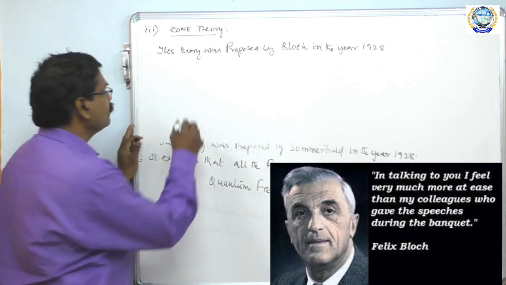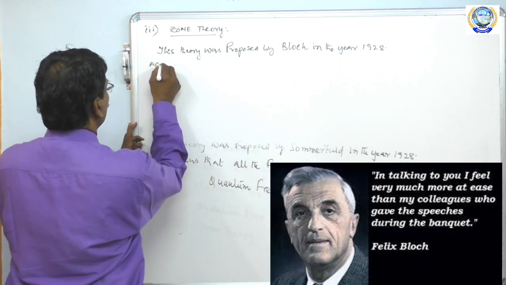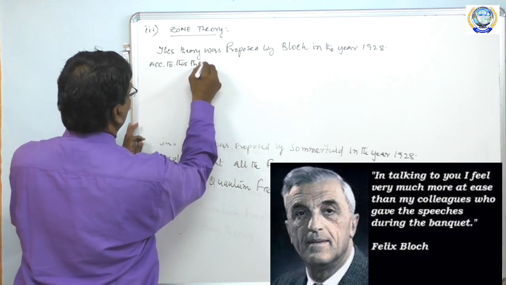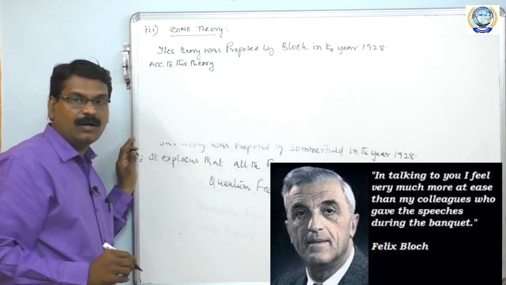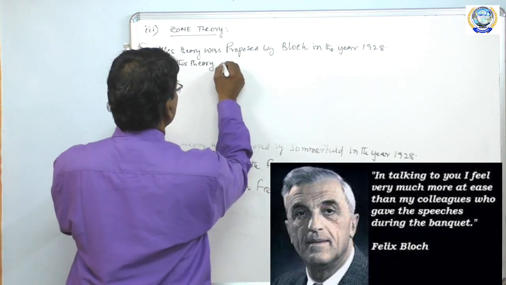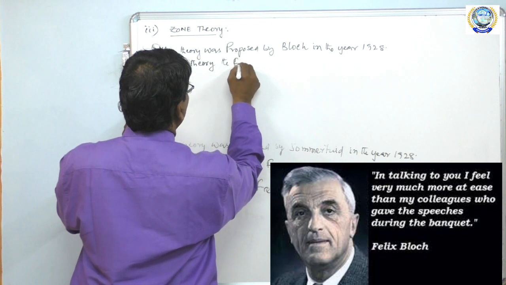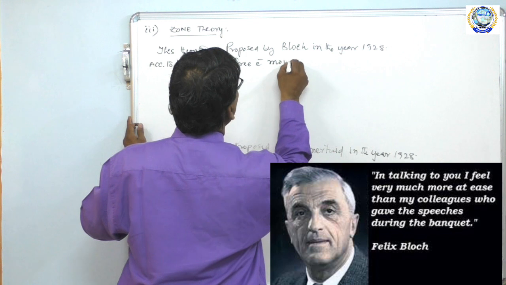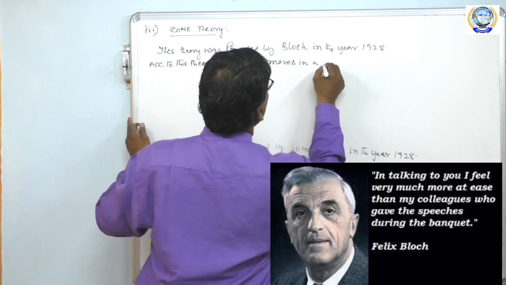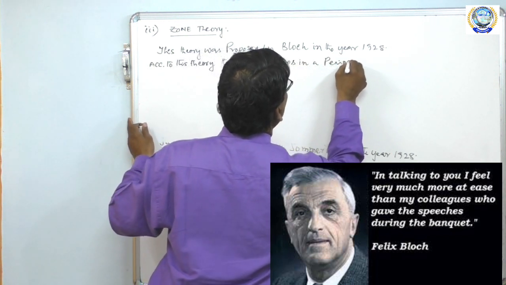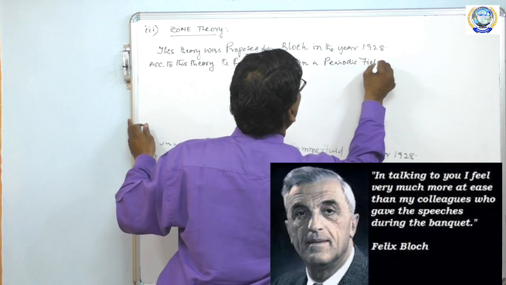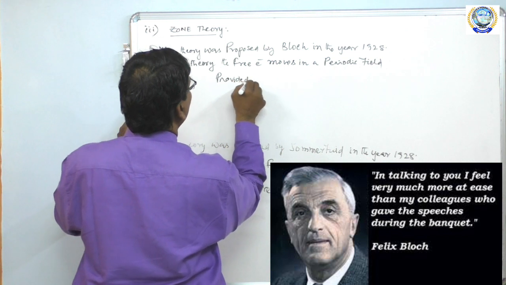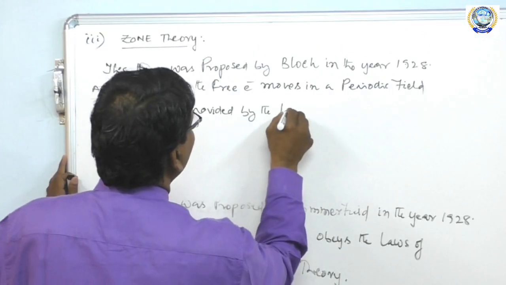According to this theory, the free electrons move in a periodic field provided by the lattice.